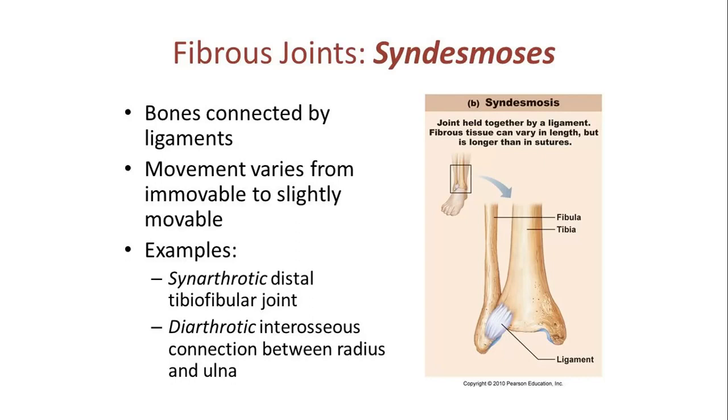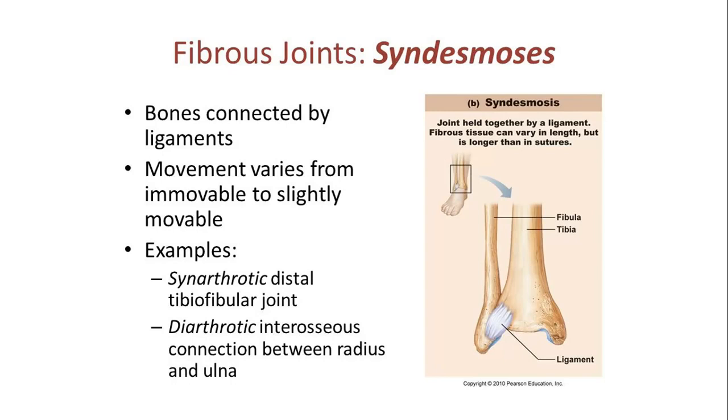The special thing about these fibrous joints is the movement: they can be immobile or very slight movement can occur. Because they are not synovial joints, they are syndesmosis, fibrous joints.